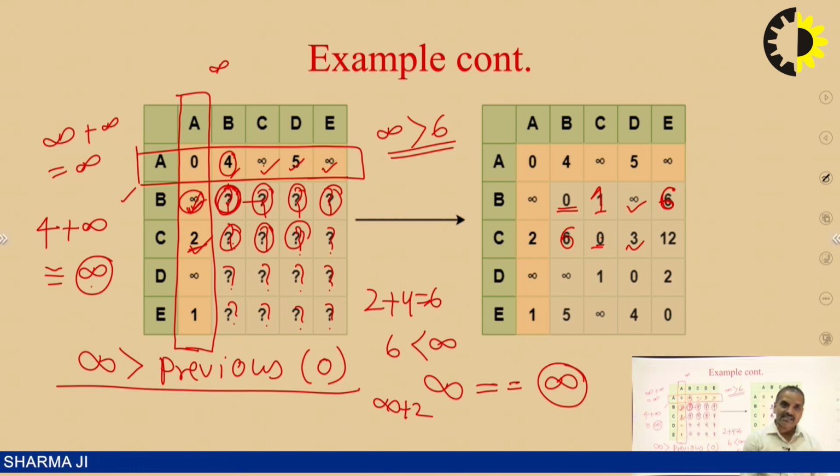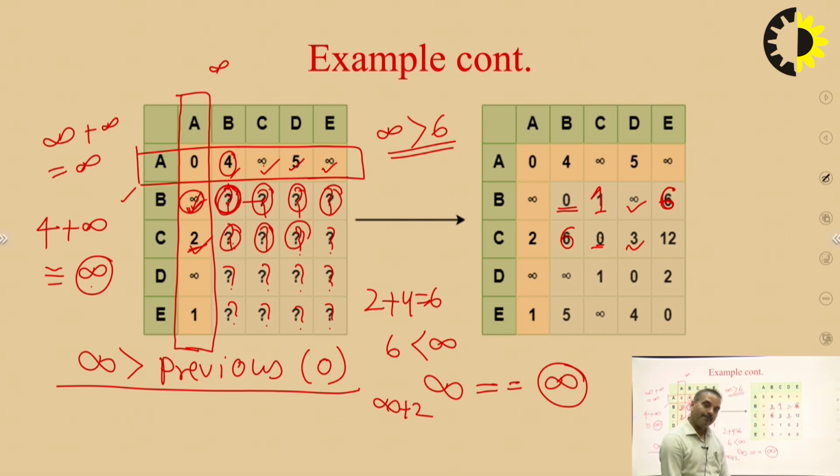After calculating the distance of that node, we compare the previous value with the calculated value. If the calculated value is greater than the previous value, we do not change it. If the calculated value is less than the previous value, we have to change the value of the cell.